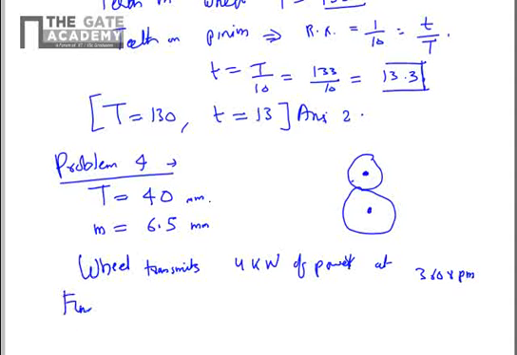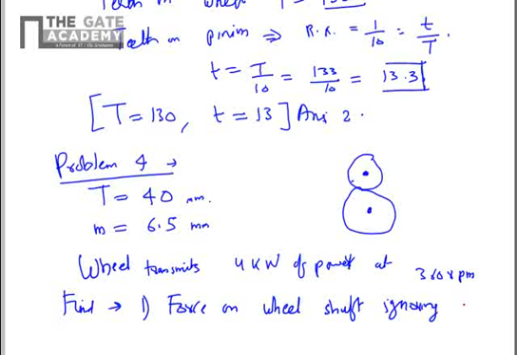The first question asked is to find the force on the wheel shafts, so the reaction on the wheel shaft, ignoring any friction, just from the transmission of the motion through the gears.